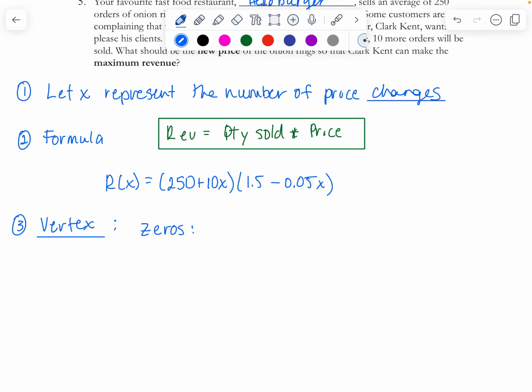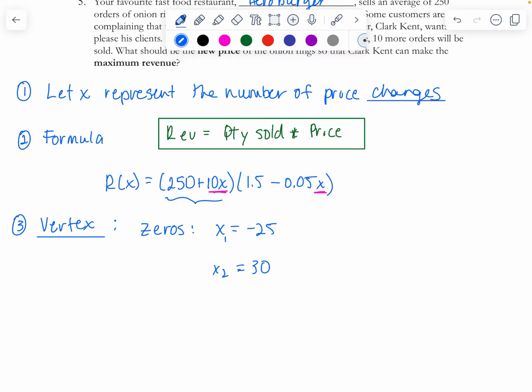And I look at these values to find the zeros. So x equals negative 25 will cause the first bracket to be 0. We can call that x1. x2 is, and I'm going to get out my calculator, 1.5 divided by 0.05 gives me 30.